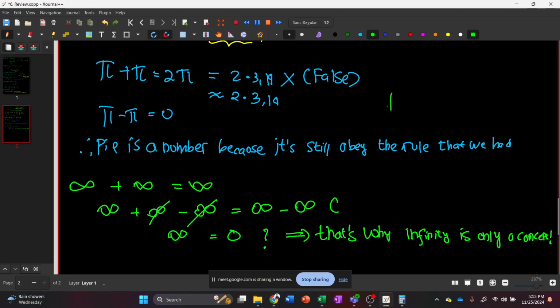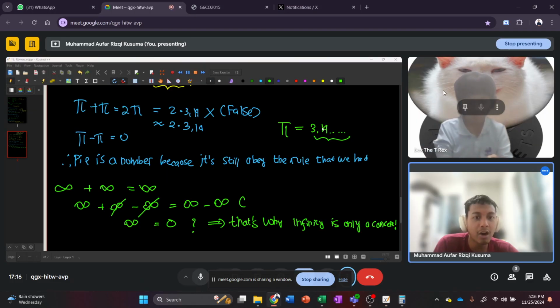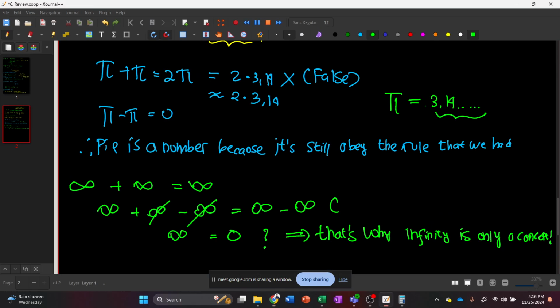Pi itself, you can also say that pi has an infinite number of digits. To represent pi we need an infinite number of integers: 3.14 and so forth, right? This is an endless thing.